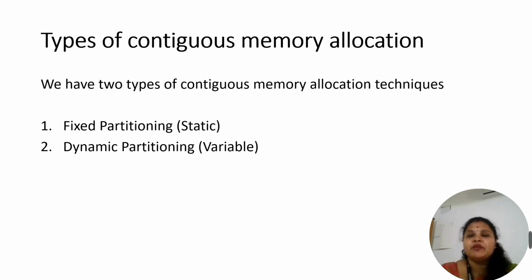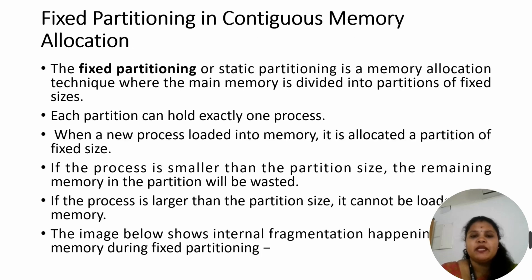In contiguous memory allocation, there are two types: fixed partitioning and dynamic partitioning. Fixed is also called static and dynamic is called variable. Fixed partitioning means the main memory is divided into partitions of fixed sizes. Each partition holds only one process. When a new process comes into memory, it is allocated to a partition of fixed size.